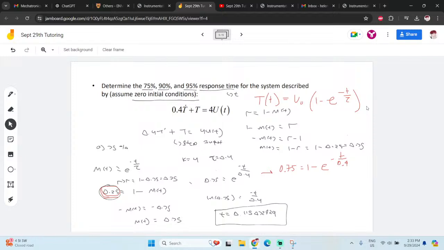What's U naught? Let's say it's just the magnitude of the step input, or initial input.